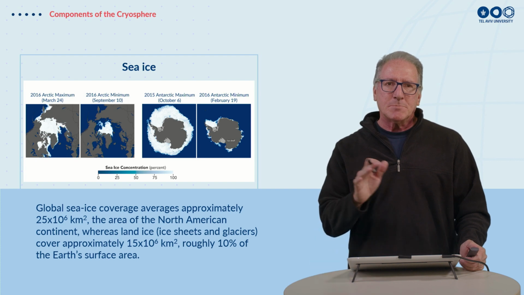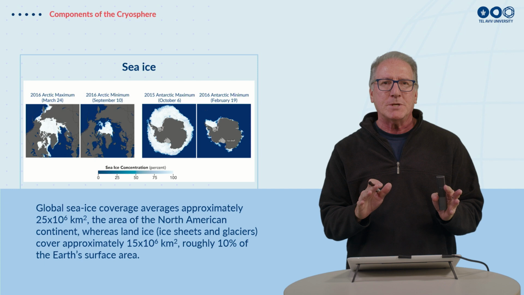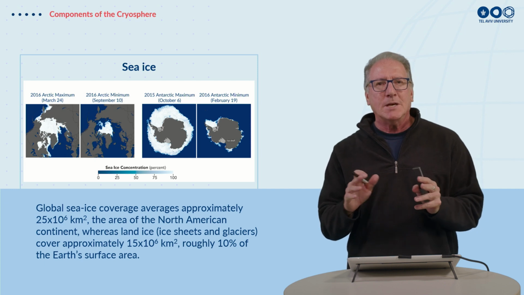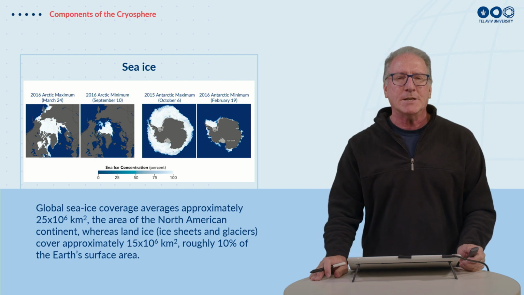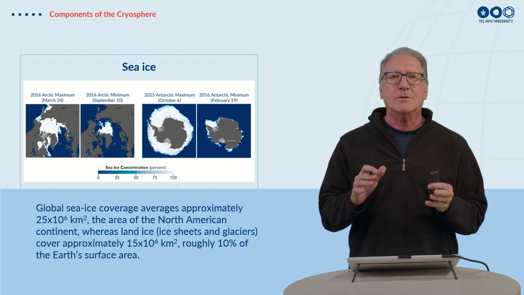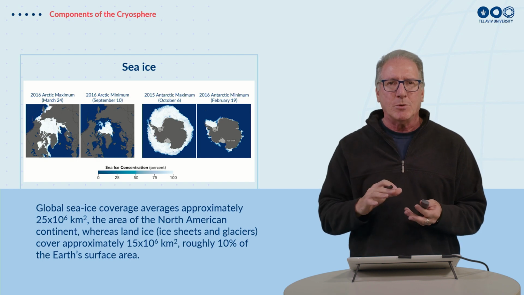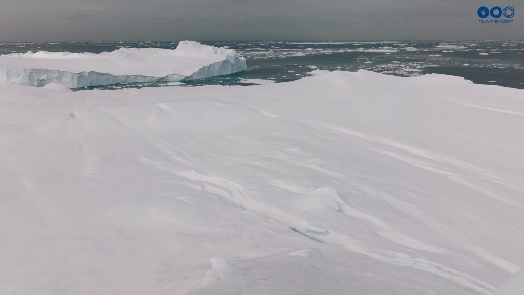So let's split the different types of ice bodies into the sea ice, into land ice, and also the permafrost. So let's first talk about sea ice. First of all, we've already spoken about the significant difference between the North Pole and the South Pole of the Earth. The North Pole doesn't have any land, it's only oceans, but covered in ice.